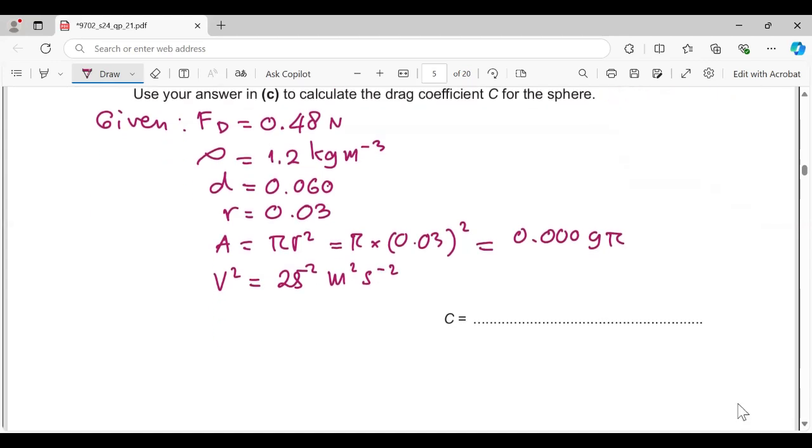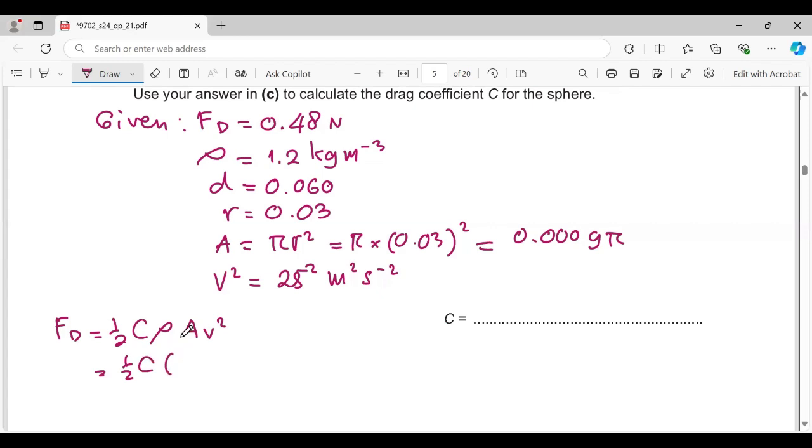It means F_D equals half C times rho times A times v squared.